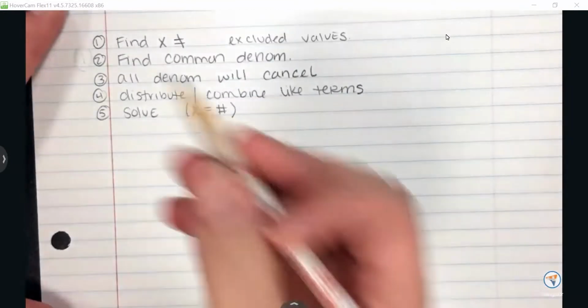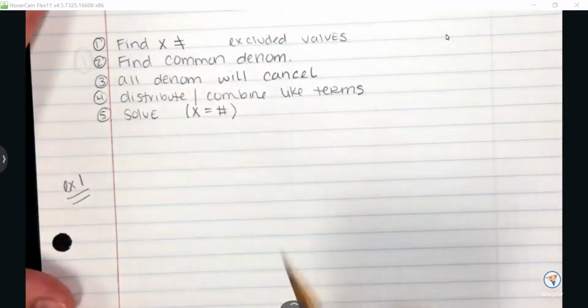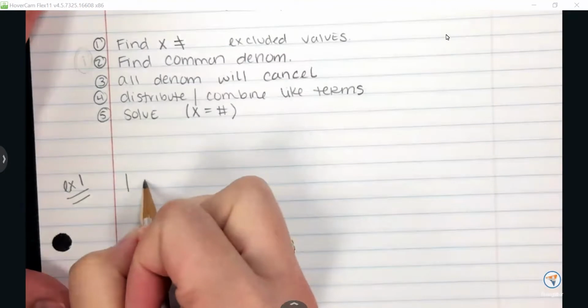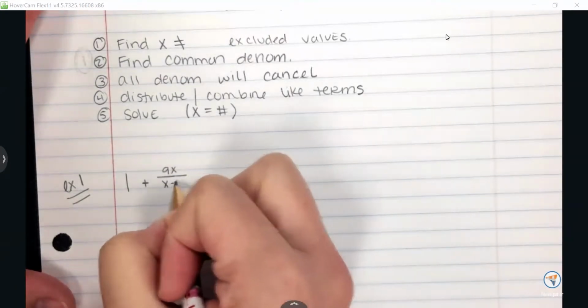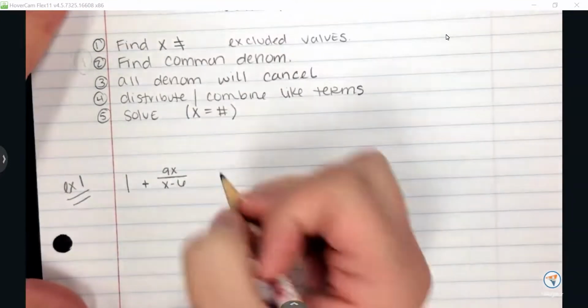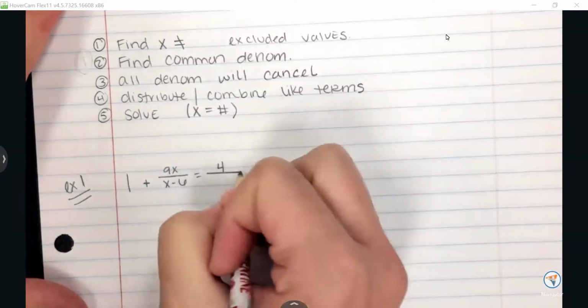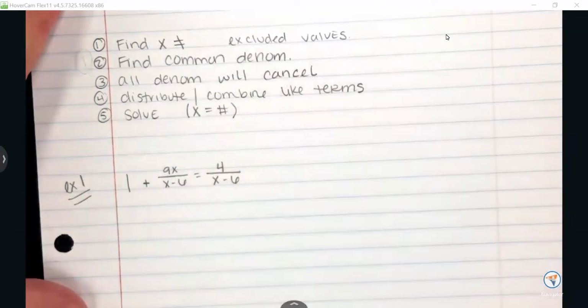Okay, so now let's go to example number 1. So example number 1 will say 1 plus 9x over x minus 6 equals 4 over x minus 6.